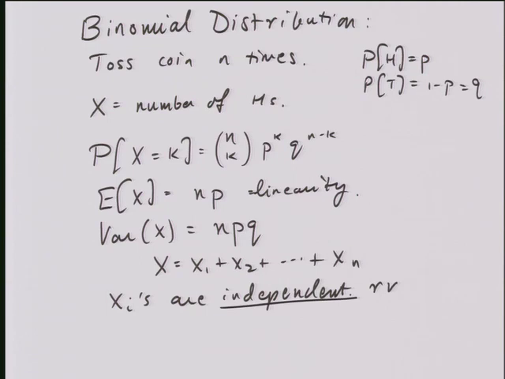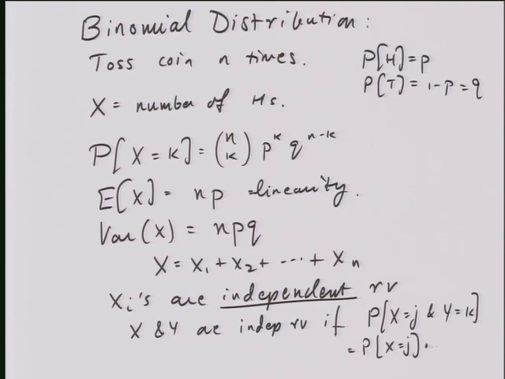We say that x and y are independent if probability x equal to j and y equal to k is the probability x equal to j times the probability y equal to k. So all the events about x and y are independent.